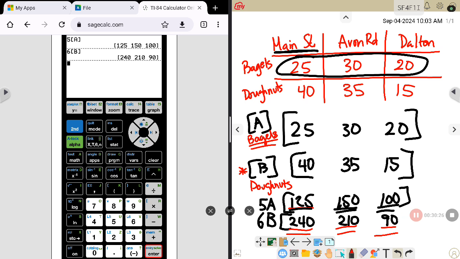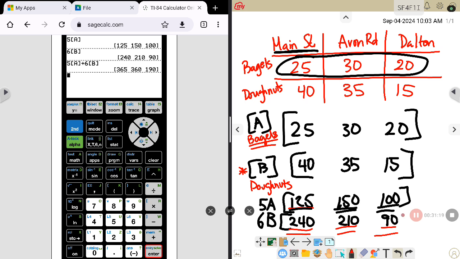Now, if I wanted to actually show the total profit that they made from the whole thing, donuts and bagels, I could add those two together, or do 5, then second matrix A, and then add that to 6, second matrix B. So this is going to tell me, if I added those two matrices together, that 365, 360, and 190 in the calculator is showing the total profit from bagels and donuts for each store.